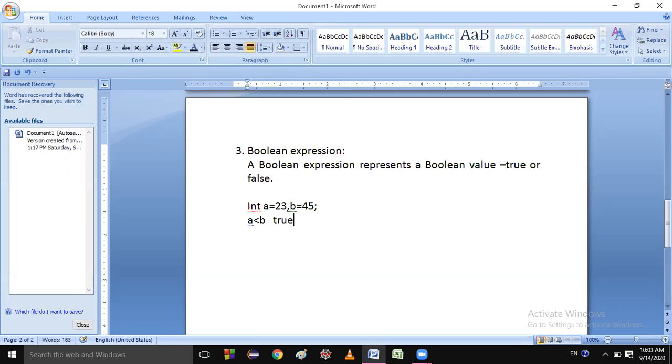So it has only two values, true or false. I think this concept is clear.